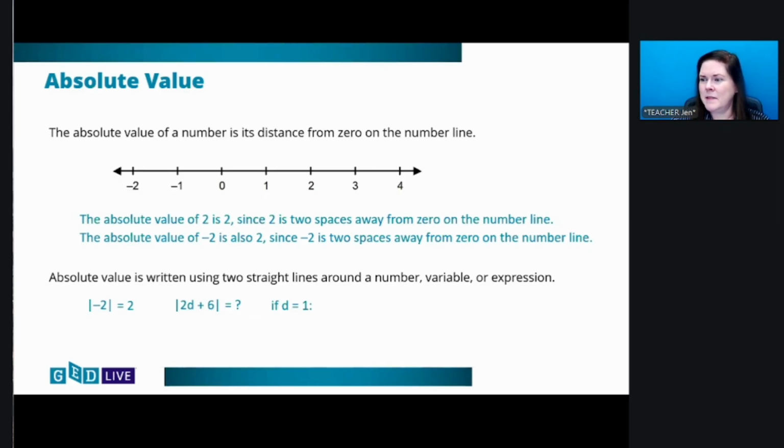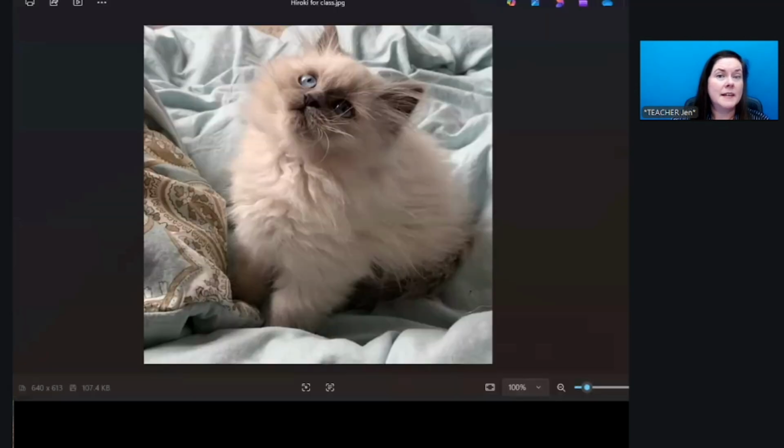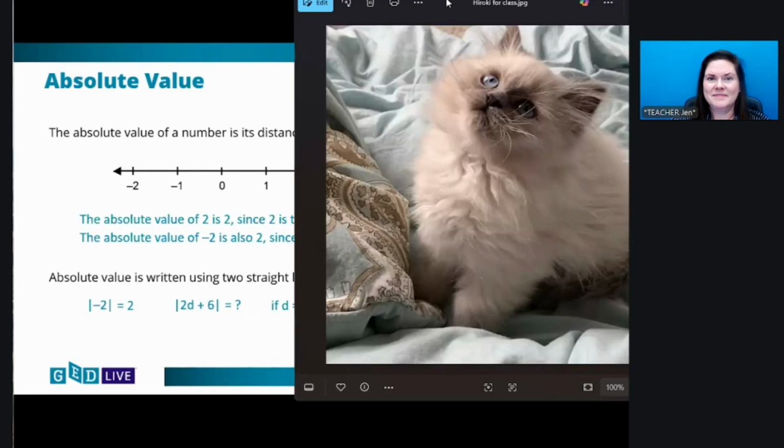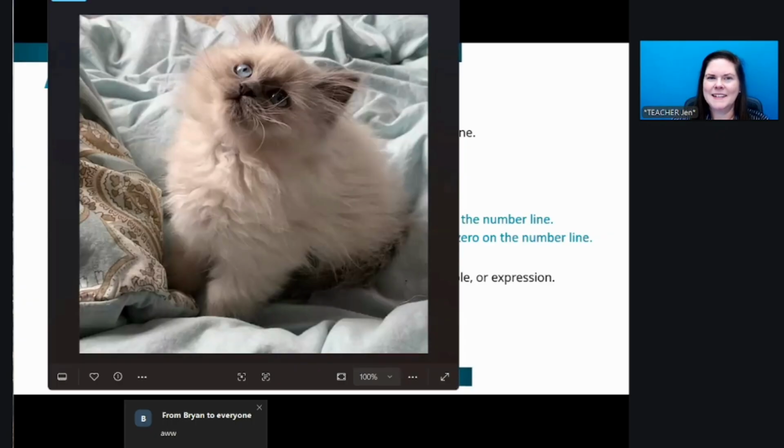All right, in the meantime then, I'm going to have to show you my little kitty, Haruki Pebbles. There he is. Well, when he was a kitten anyway. He's a Himalayan. Yes, he's so soft. His fur is like if you reach into a bag of cotton balls, that's what he feels like.